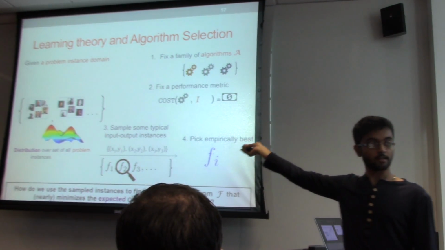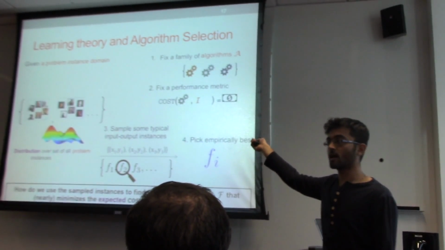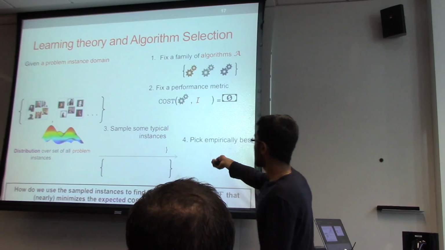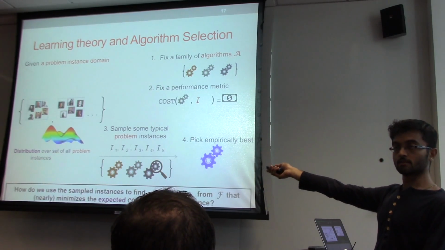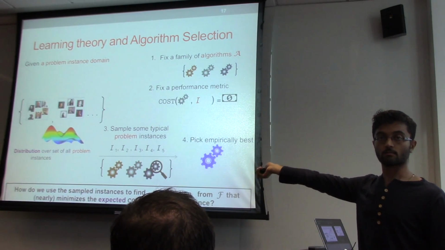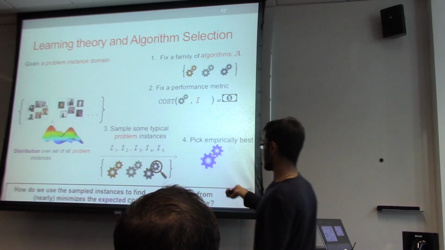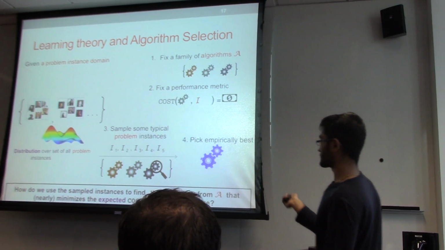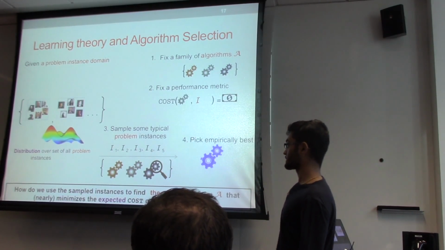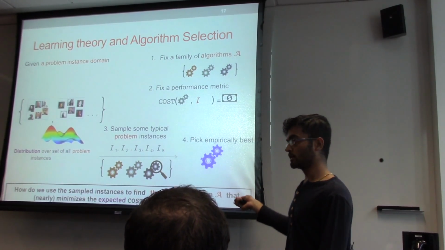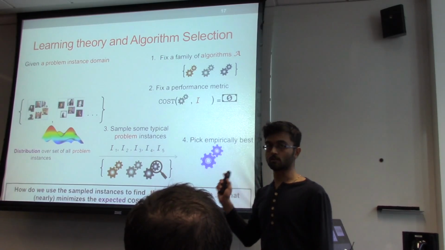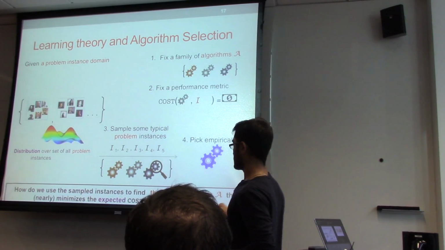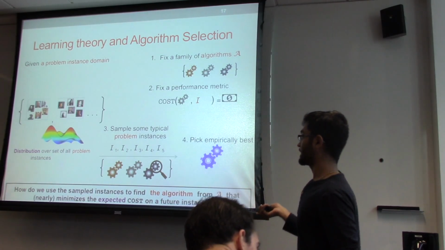And you have an appropriate cost notion, which maps algorithms and problem instances to real values. You picked problem instances, and you found the empirically best algorithm. The question was again identical: how do I use the sample instances to find the algorithm from A that nearly minimizes the expected cost on a future instance? Here the notion of cost is different from what it was in the context of learning theory, but the results from learning theory can be applied here.